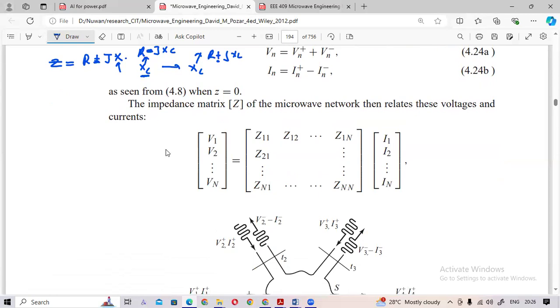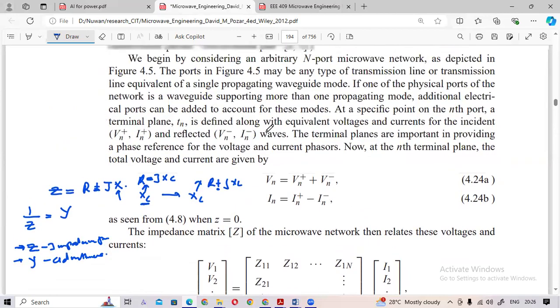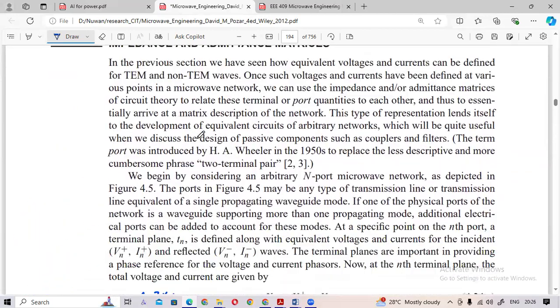And admittance is 1 over impedance, normally denoted by Y. So there are Z parameters, or impedance parameters, as well as Y parameters, that is admittance parameters. We will focus on these 2 parameters first, and first on the impedance parameter.